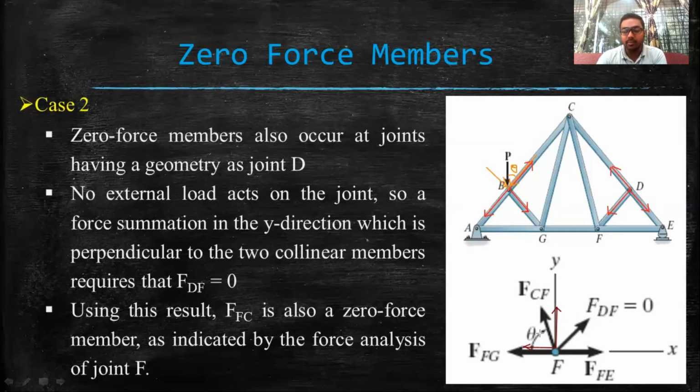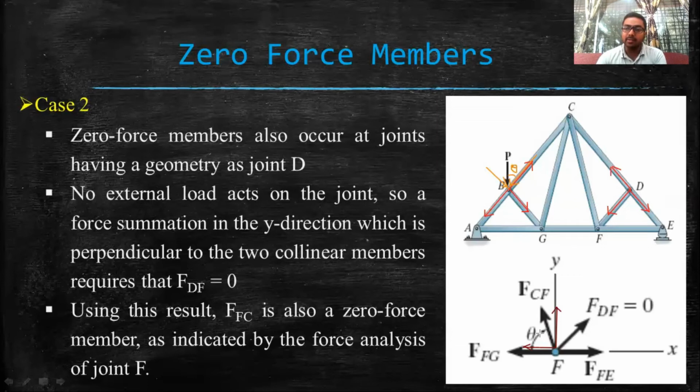From analyzing this joint as well, we can say, even before the calculations start, that CF is a zero force member. So this is another important case where you can find a zero force member.